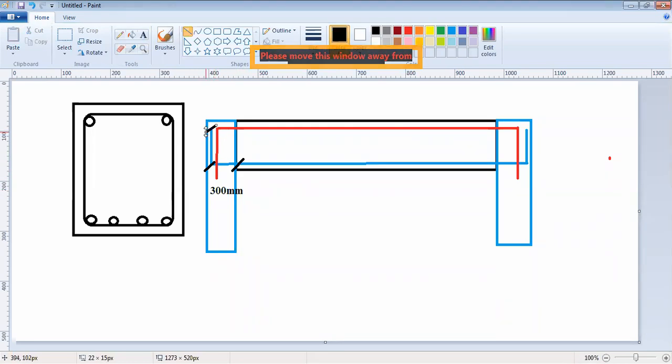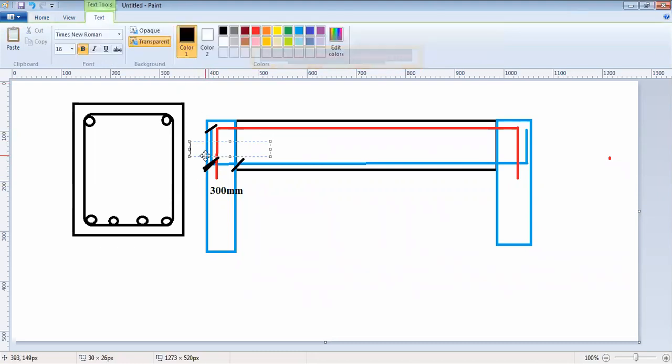And let us say from this point up till this point, it's again 300 mm, or let's say 250 mm, because the overall depth of the beam is 300 mm.